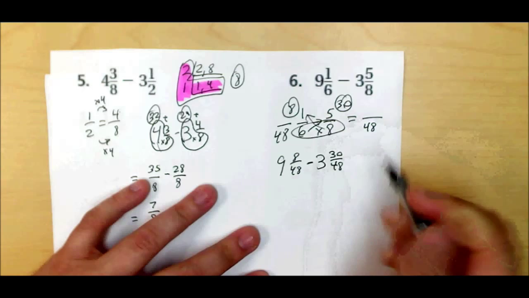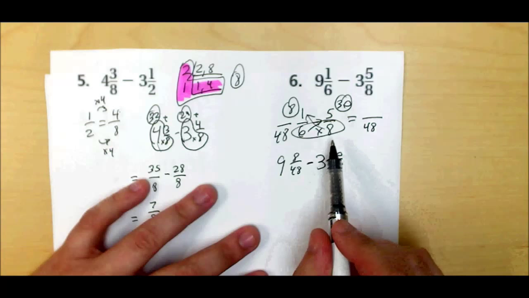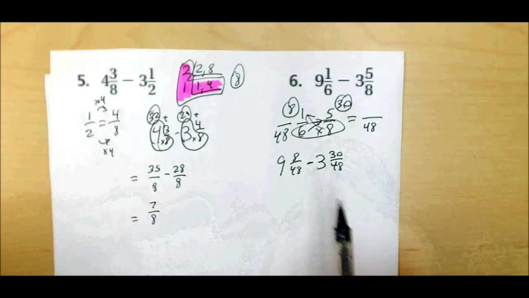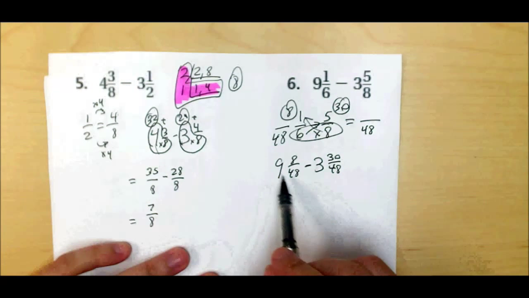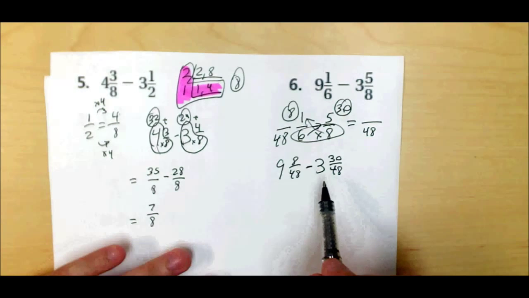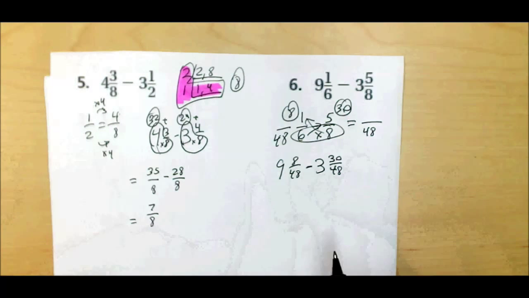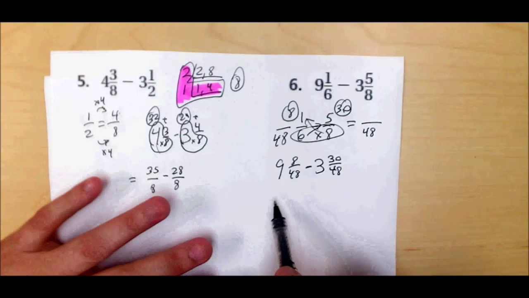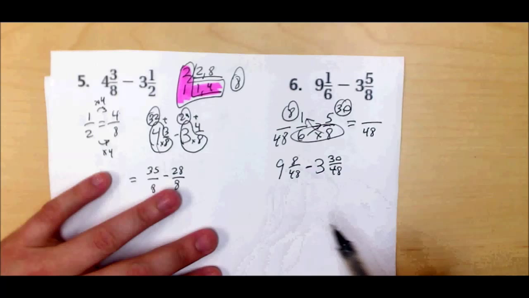So I use cross multiplication here instead of least common denominator. Now, I'm not going to do the jelly bean method on this one because I would end up multiplying 48 and 9 and 48 and 3, and I'm going to get some huge numbers. So instead, I'm going to revert to my borrowing 1 method that we did earlier. So I'm going to borrow 1 from the 9 so that this fraction is bigger than this fraction, so I can subtract them.